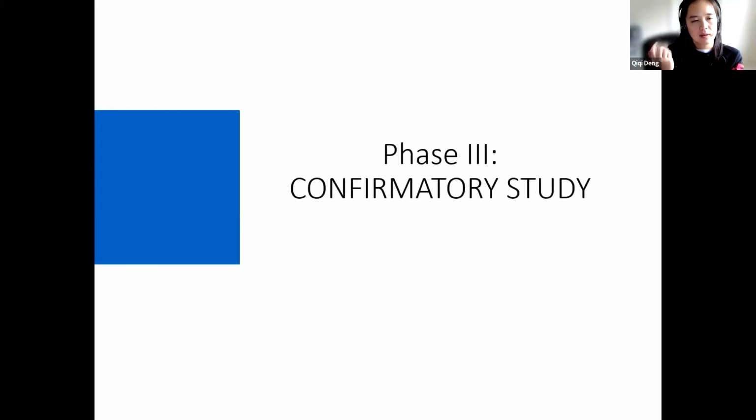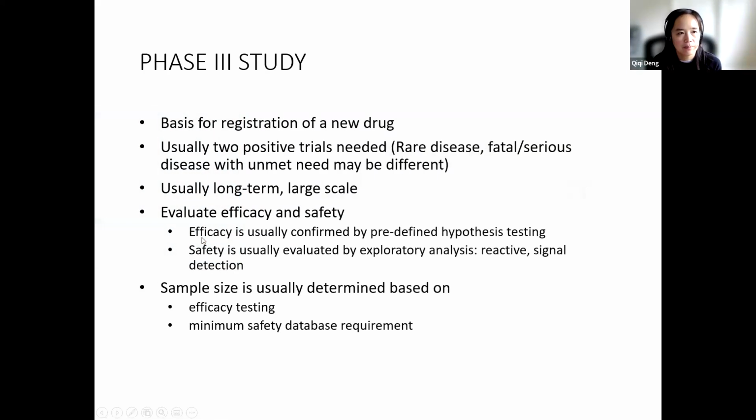Okay. Then finally, I think we're coming to the phase 3 confirmatory study. A phase 3 confirmatory study is a basis for the registration. It's very typical to require 2 positive trials. However, for rare disease, fatal disease with unmet need, the requirement may be different.